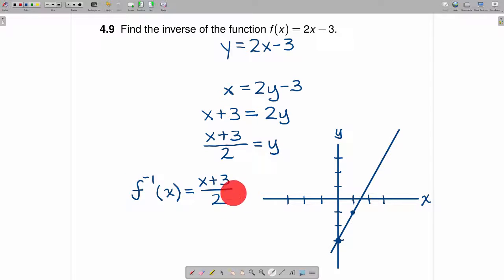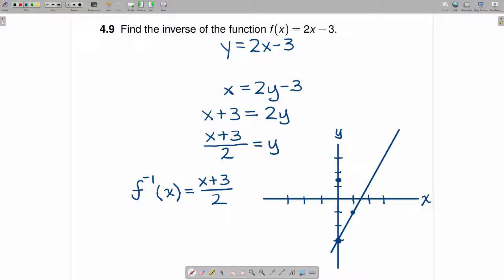Well, what does the inverse function look like? Well, it is x plus 3 divided by 2. That is a line with y-intercept 3 halves. Let's go ahead and label that. 3 halves is right here. And it has a slope of 1/2.